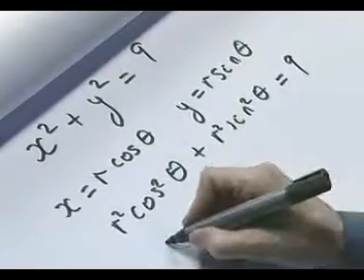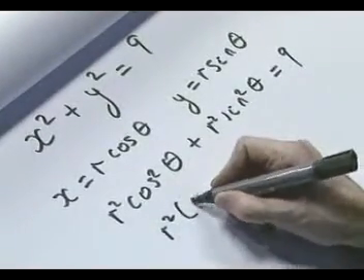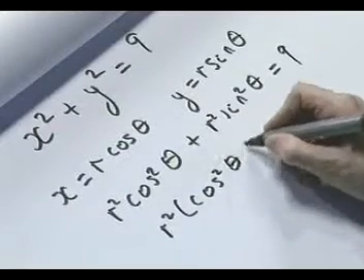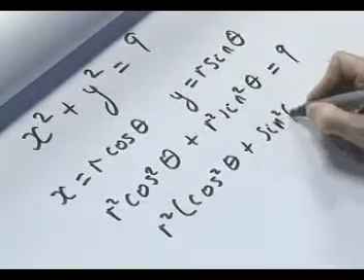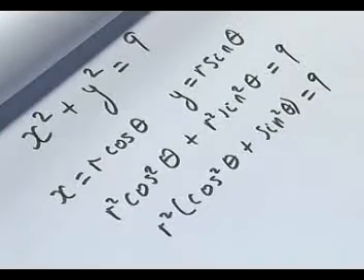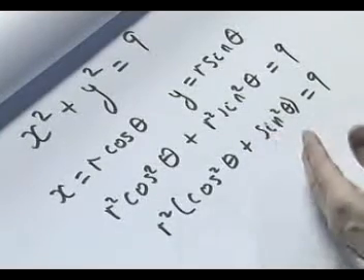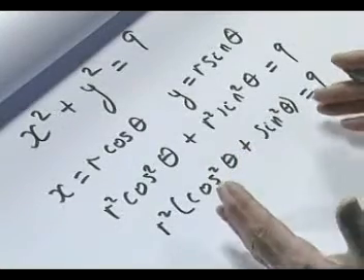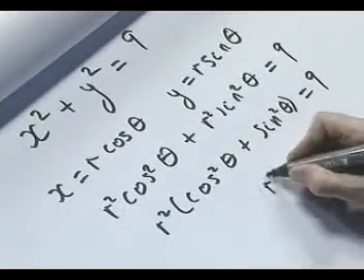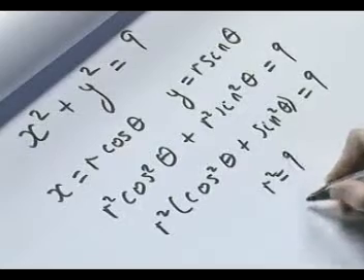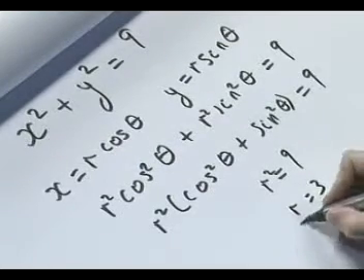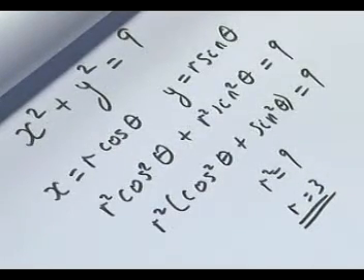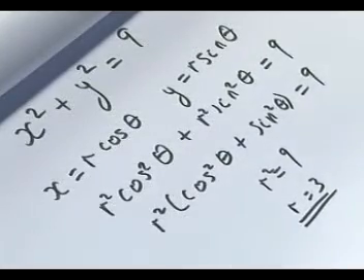R squared is a common factor, so we can take it out, and we've got cos squared theta plus sine squared theta is equal to 9. Cos squared plus sine squared is an identity. Cos squared plus sine squared of the same angle is always 1, and so r squared equals 9, or r is equal to 3, i.e. a circle of radius 3.